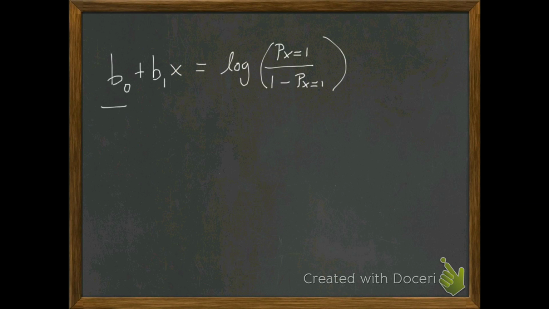So we saw that this value right here was 0.693, plus beta 1.